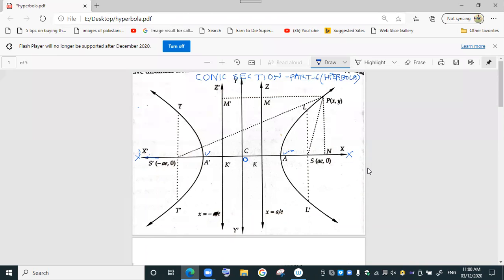Before that, we have two axes in this one, like in an ellipse, where there were two axes, one vertical and one horizontal, called the major axis and minor axis. But here the case is different. Here we have this x', which is called the transverse axis.